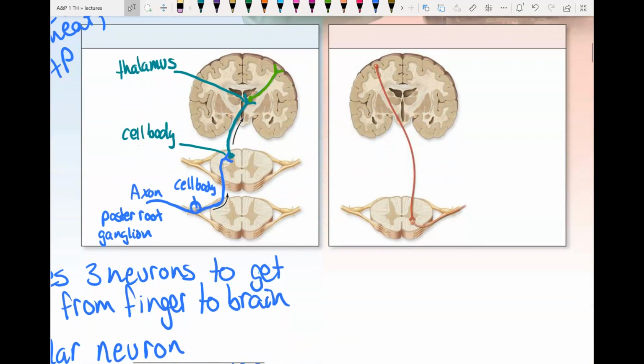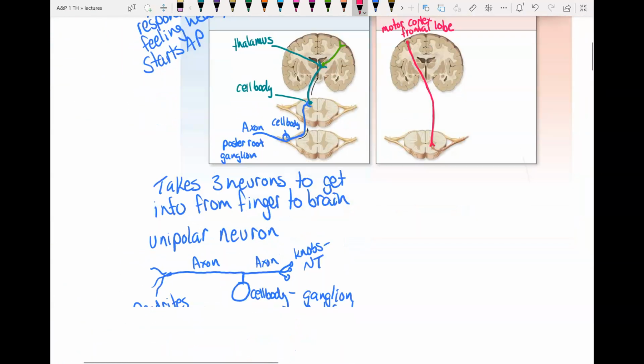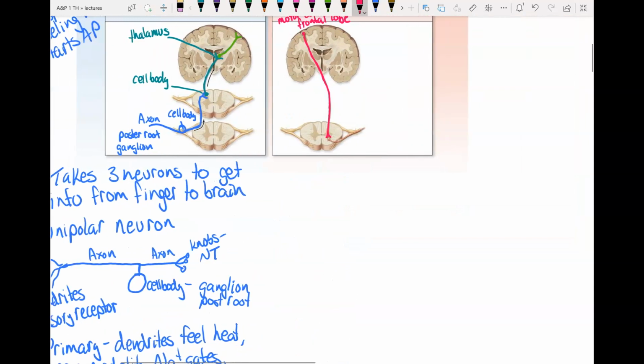We can look at it in this picture also. Here's the cell body in the cerebral cortex. The axon crosses over. We come down here to the anterior horn of the spine. And again, think about what you learned about the brain. This would be the motor cortex on the frontal lobe. So when you make a decision to move a muscle, that begins with the upper motor neuron.